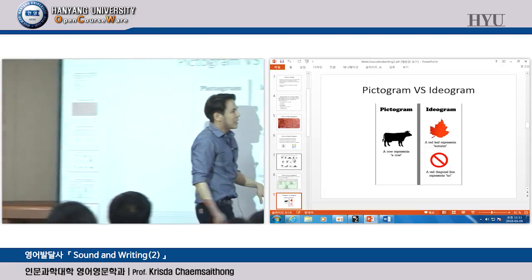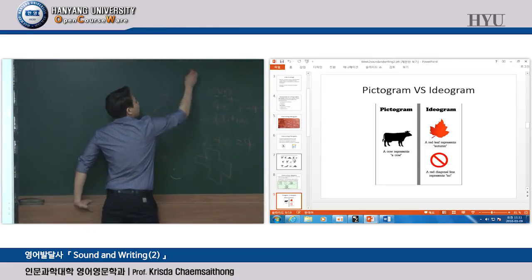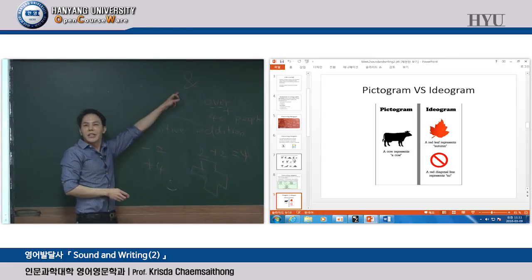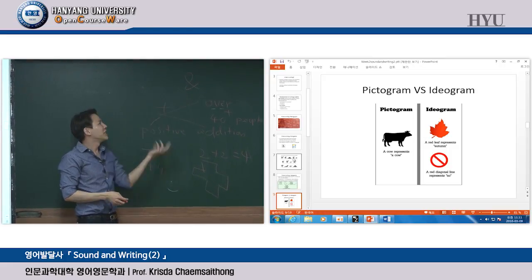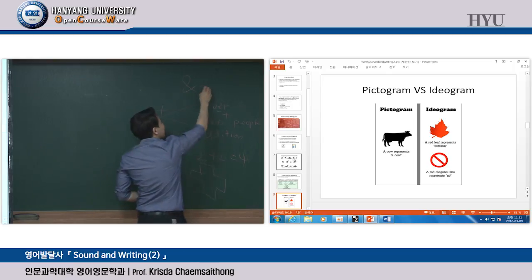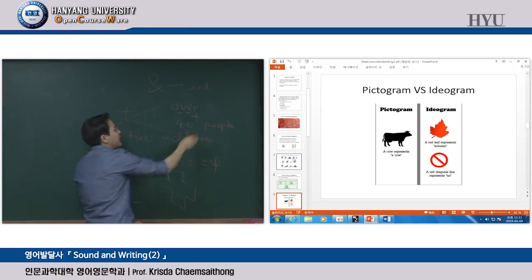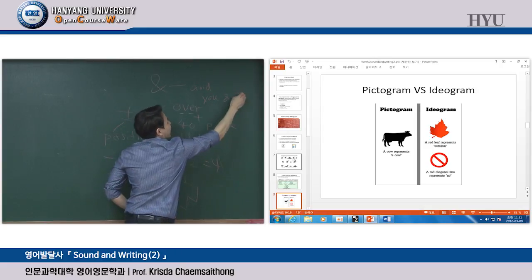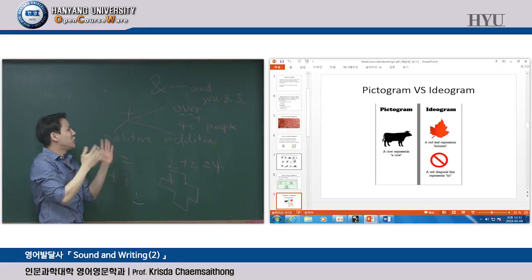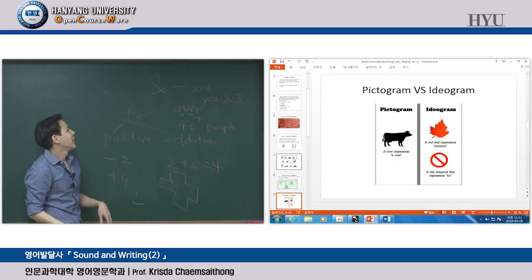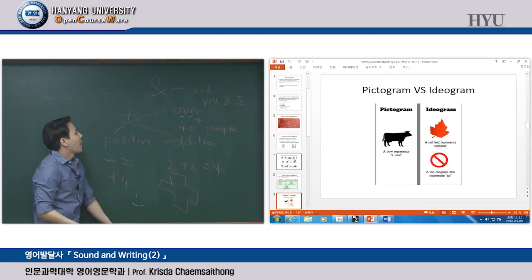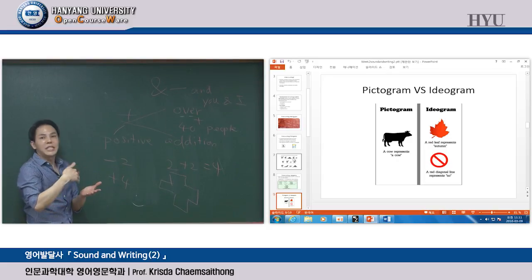Another example is this one. Do you use this in Korean? This sign? What is it? Ant, right? In English, it's 'and'. For example, when we read it, it's 'you and I'. So it's a symbol of addition.